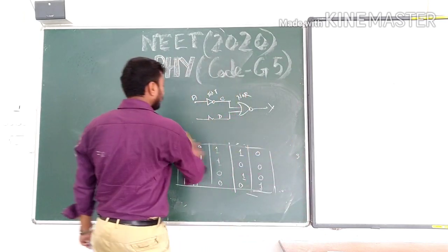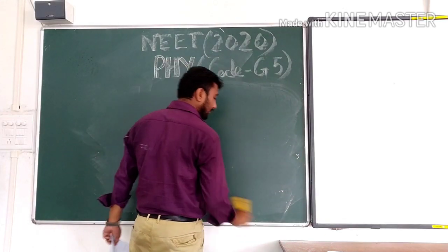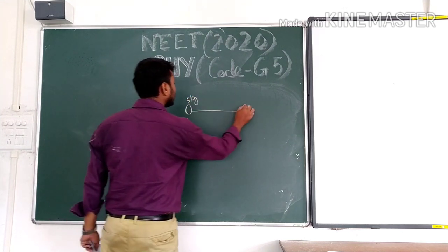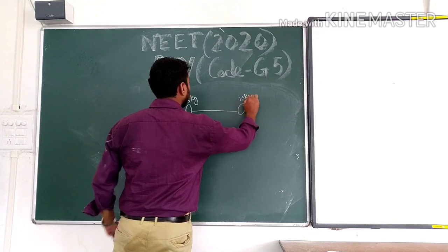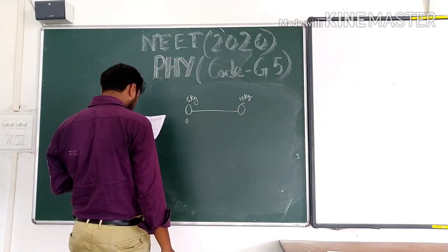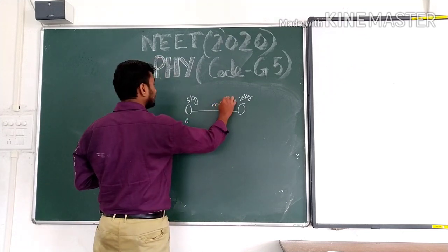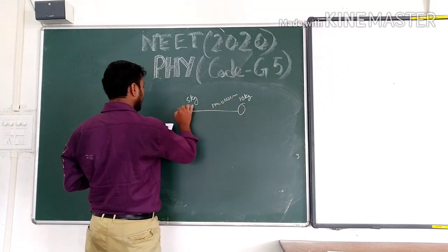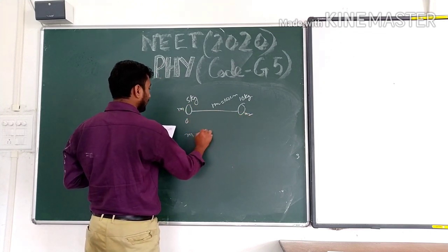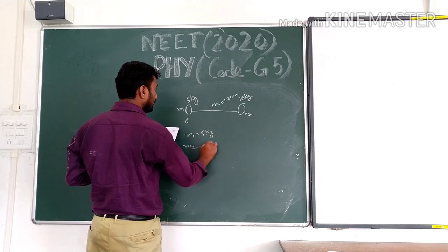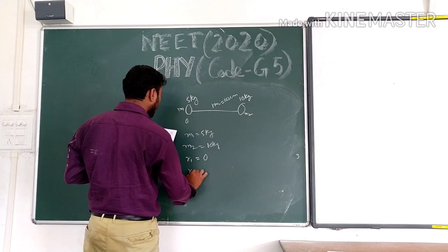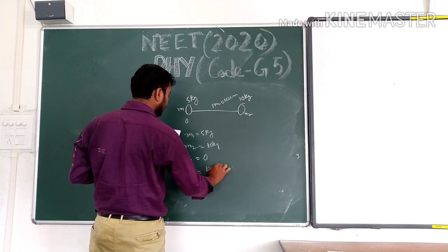So now we take the 5 kg at the origin, and the 10 kg will be at a distance of 1 meter, means 100 centimeter. This is M1 and this is M2. So R1 here is origin 0, R2 will be 100 centimeter.